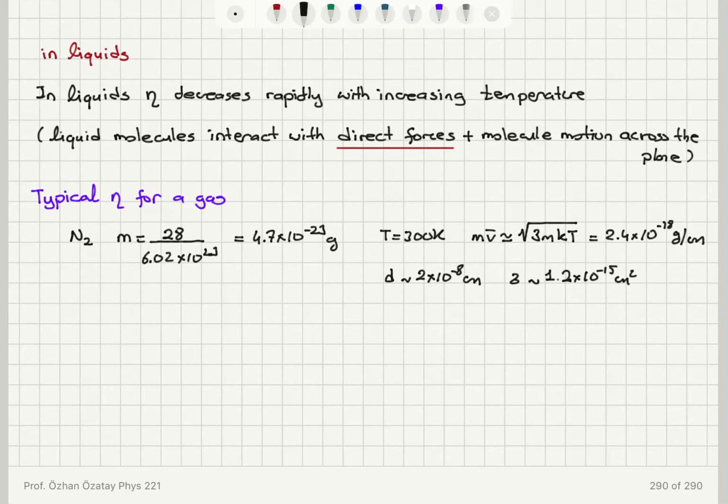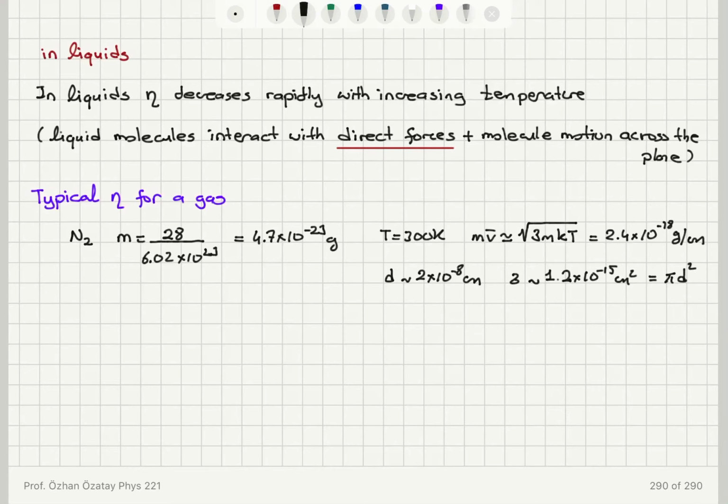Remember, this is 4 pi a squared, or pi d squared, because d is equal to 2a.